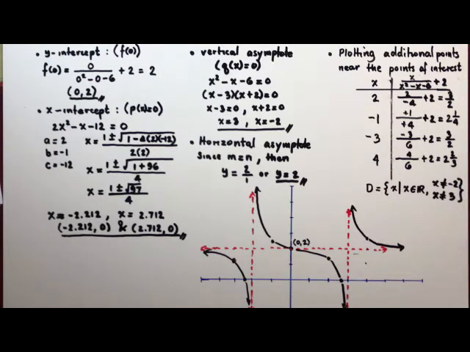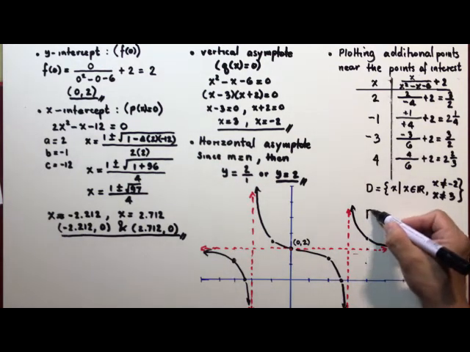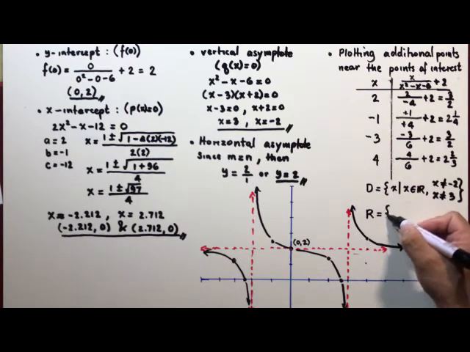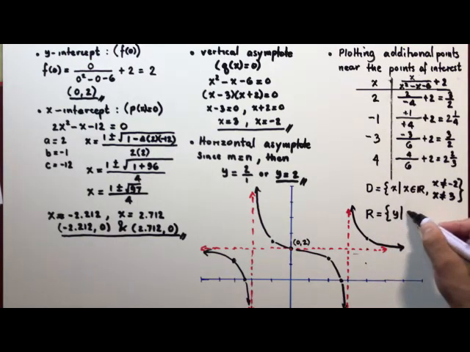So the function is defined in all x's except these two vertical asymptotes, which are x equals 3 and x equals negative 2. So what is the range of the function? The range of the function is the set of y such that y is a real number. Why? Because the function is defined in all y's, and there is no point of discontinuity except for these vertical asymptotes.